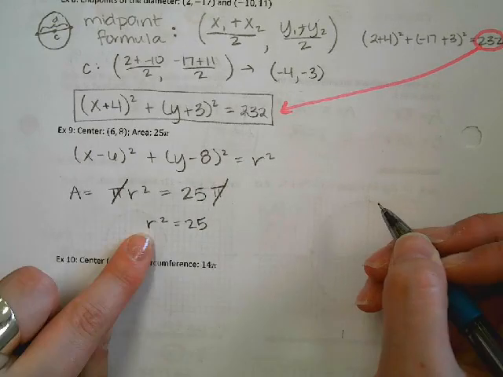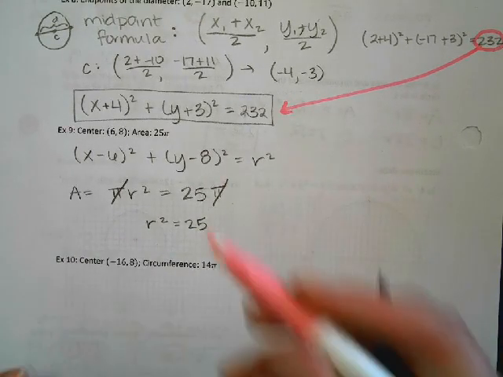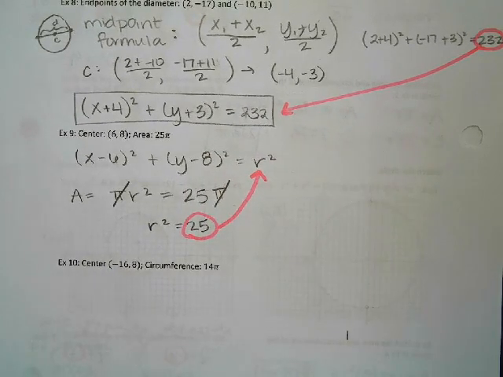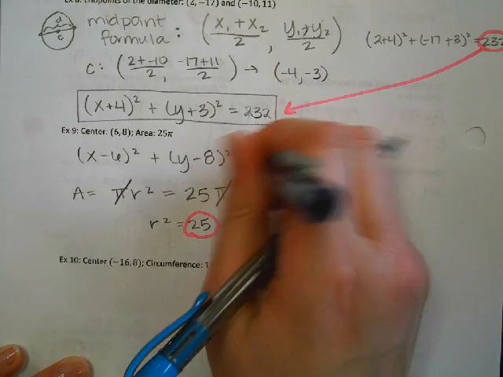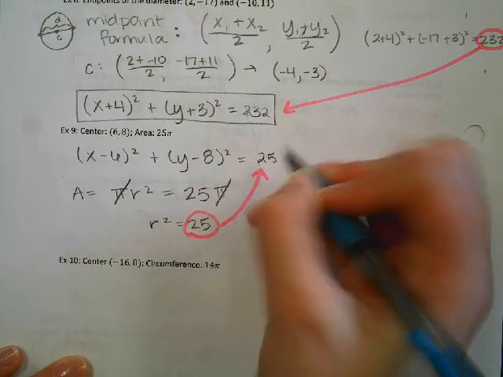And I don't even have to solve for r, because r squared is what is in the equation. So 25 is just going to go right there.